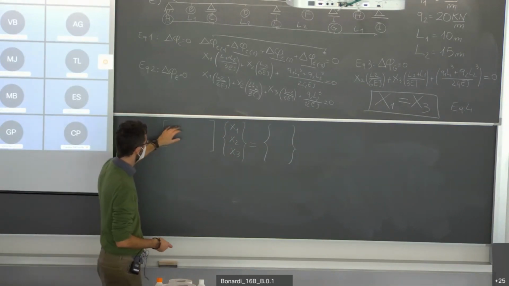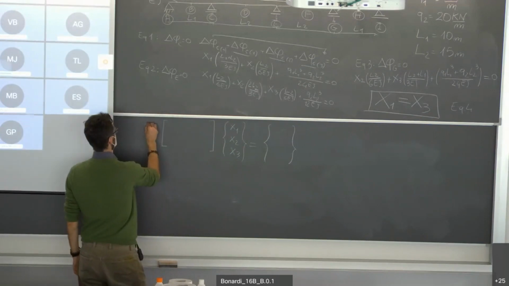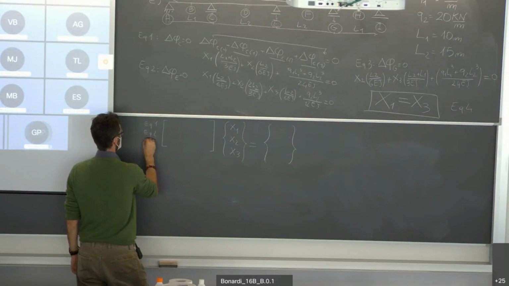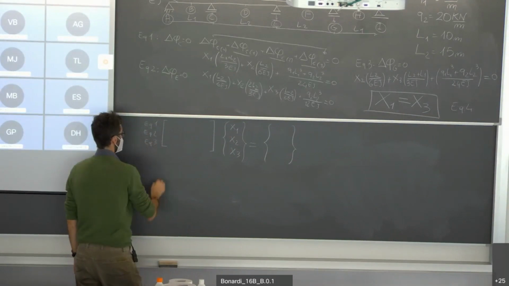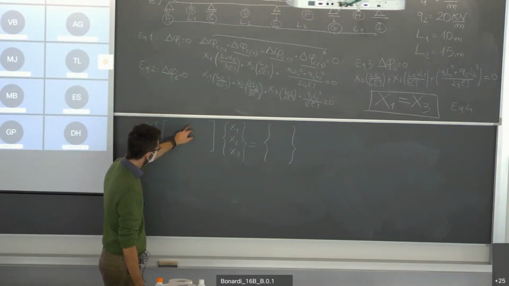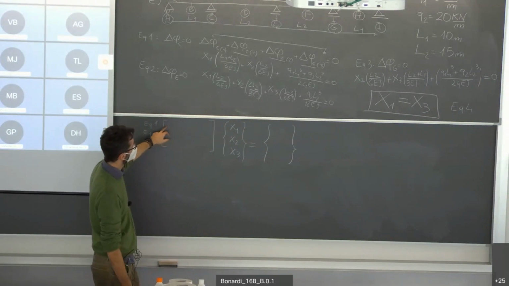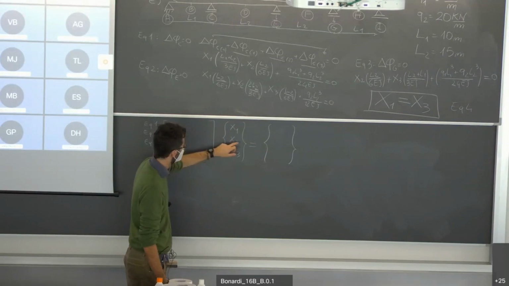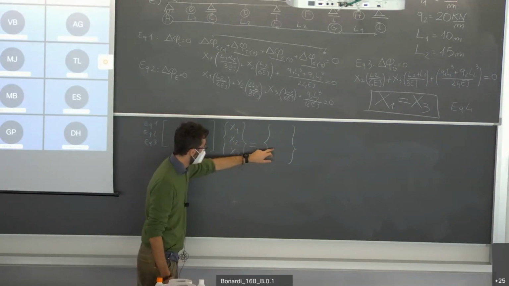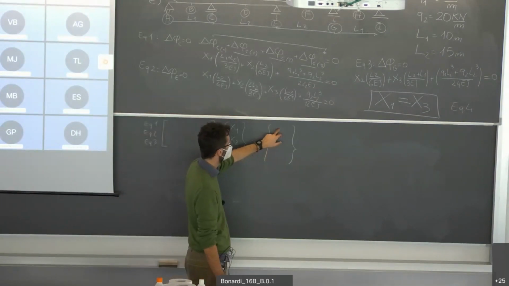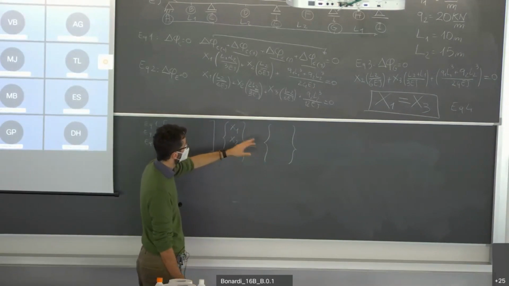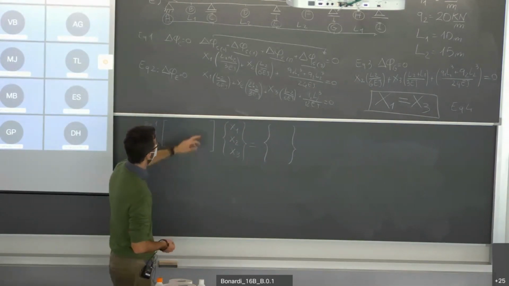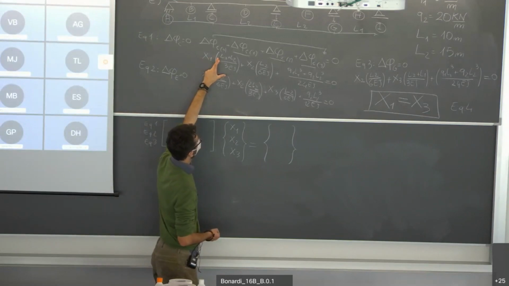So we have the row of equation 1, the row of equation 2, the row of equation 3. In equation 1, I want to write all the coefficients that multiply x1, then x2, and then x3, equal to the known term, the known vector, that I have brought to the other side of the equation. So x1 is multiplied times this stuff.